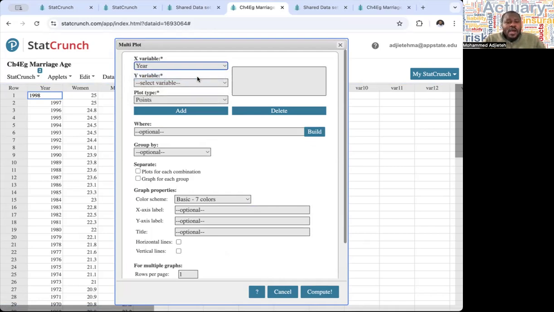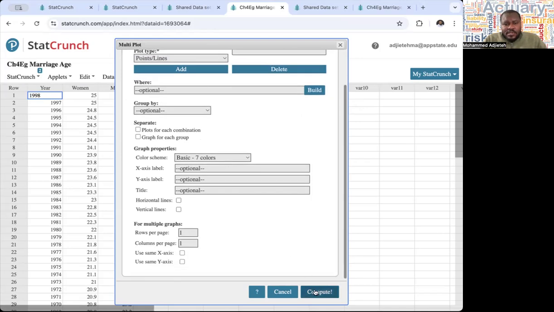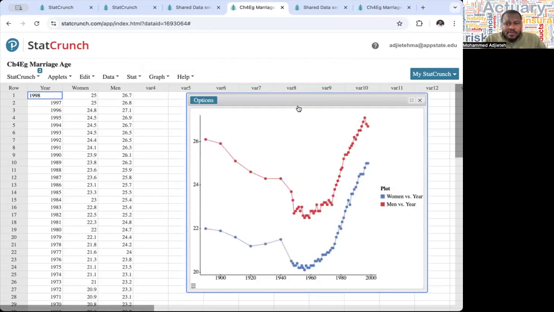And then what is our y variable? Our y variable is going to be both men and women. So we start with women first. What do we want to plot? We want to plot both points and lines. And then we click on add. Now we change this to men and then we click on add. And then we just hit compute.